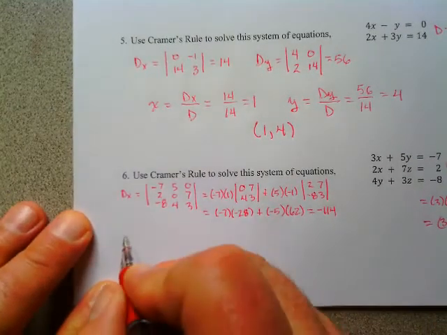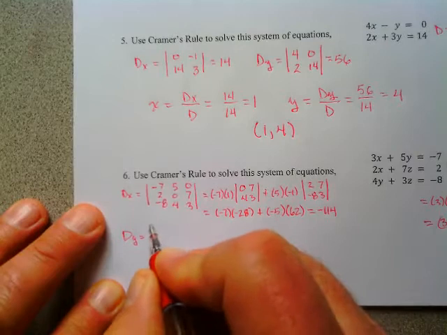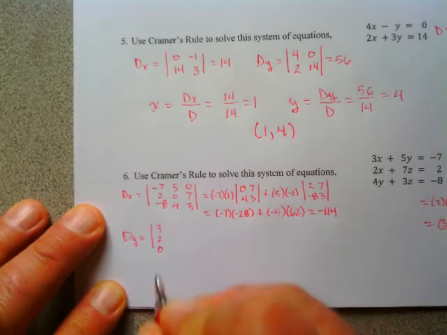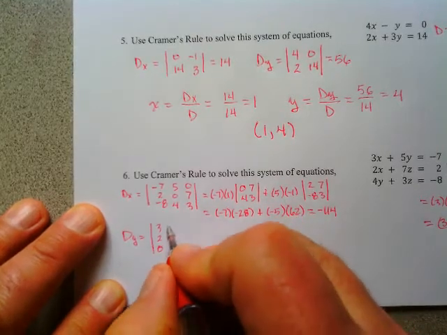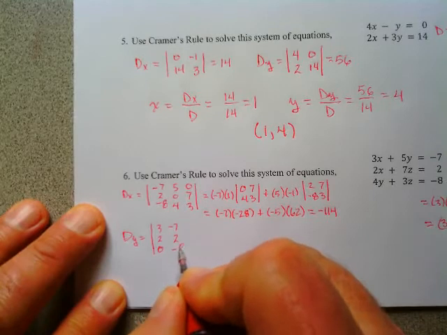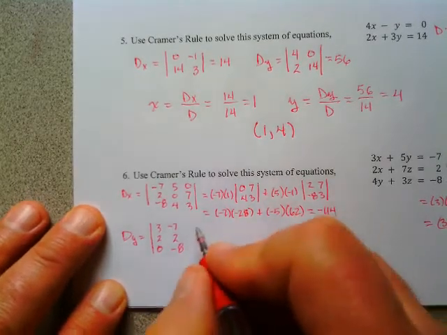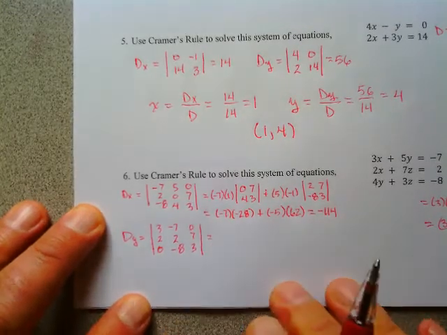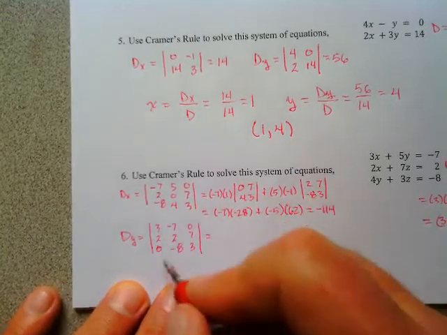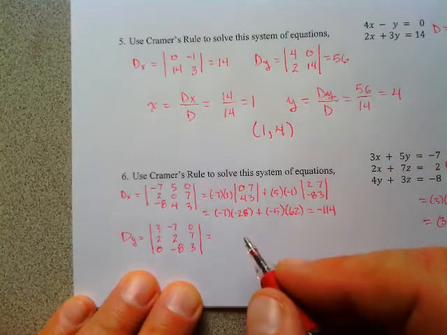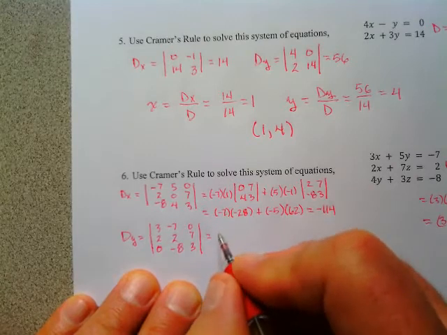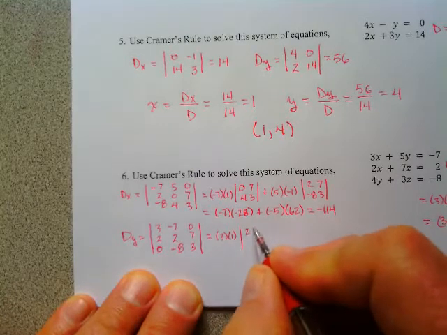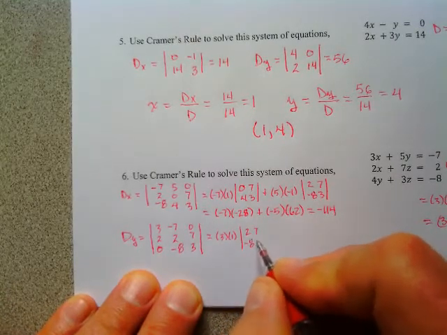Okay, dy. dy equals, so we're back to 3, 2, 0 for the x part. And then now the negative 7 to negative 8 for the middle ones, and 0, 7, 3. And so here we'll go down that first one, since it gives us a 0 for that third one, that's good. And so 3 times 1 times 2, 7, negative 8, 3.